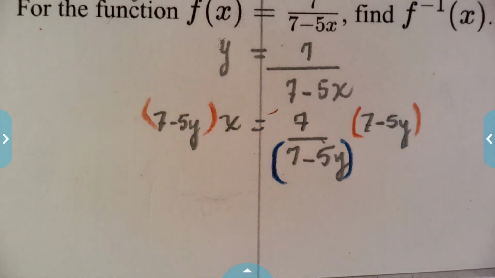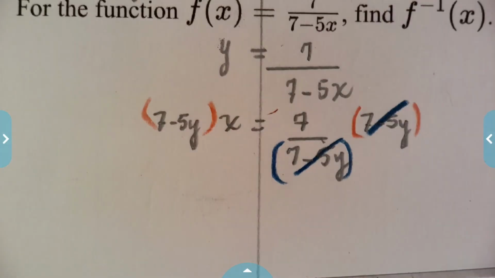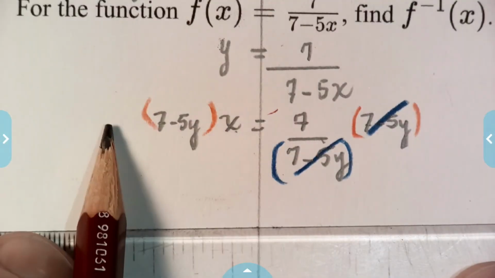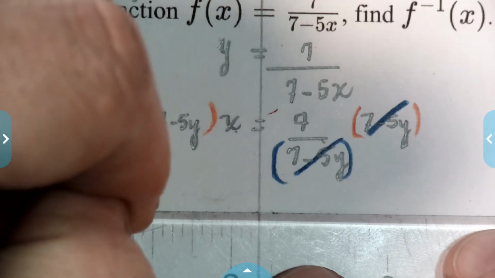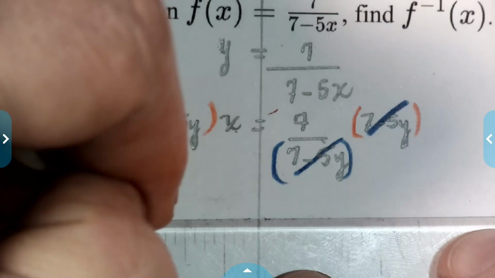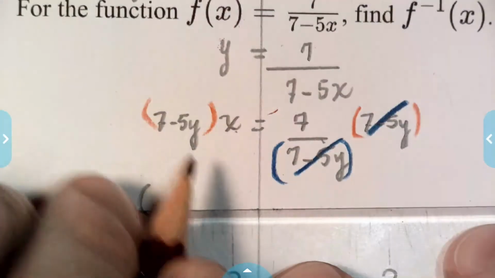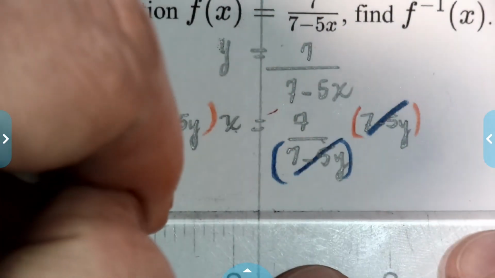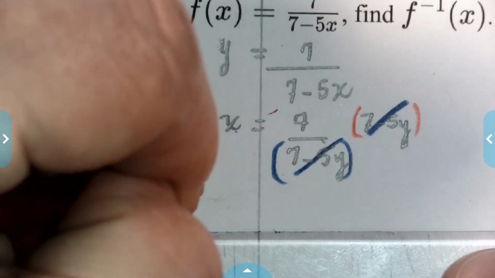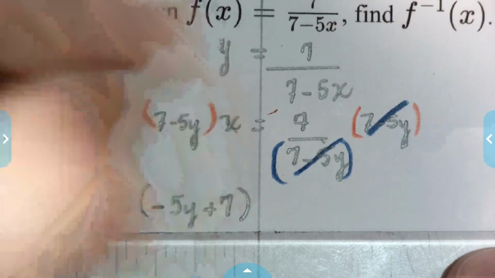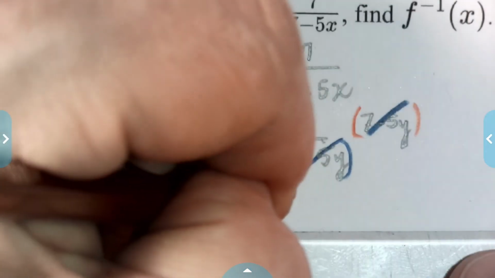And that cancels these out. So here's what our problem looks like now. I'm going to move this x over here. I have x, open parentheses, and then I'm going to rearrange these terms a little bit. I'm going to say negative 5y plus 7. Doesn't change anything to rearrange the terms like that.